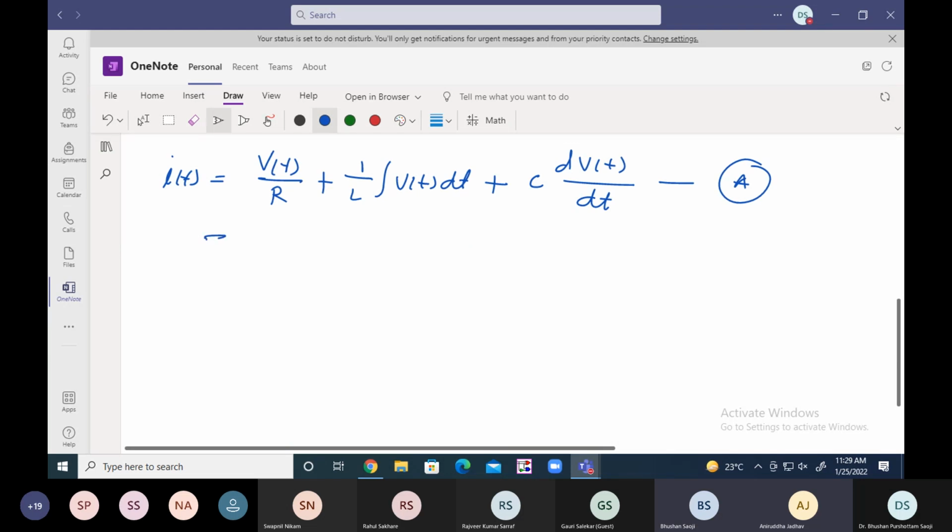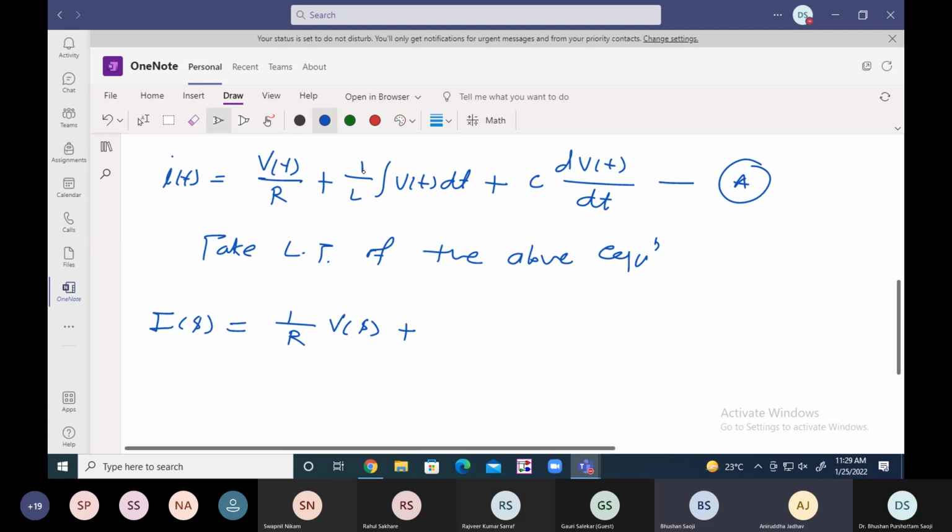Now take the Laplace transform of the above equation. I of t becomes I of s. It is equal to 1 by R, which is constant, so we take 1 by R as constant, and v of t becomes v of s, plus 1 by L, which is constant, so we take 1 by L outside.